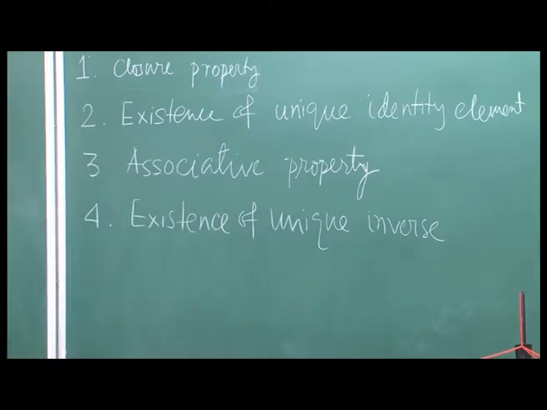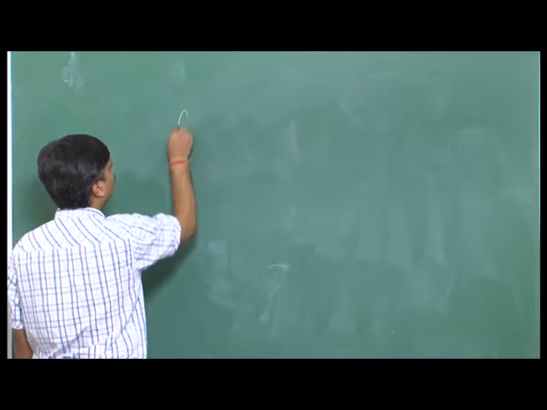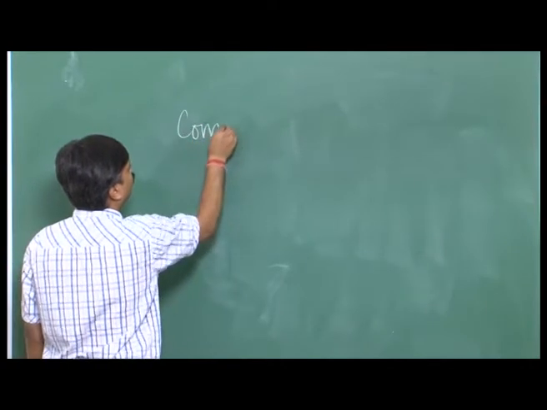A group will definitely follow all these 4 rules. They will obey all these 4 rules. Now if the elements of that set which follows all these rules and they have a well defined binary operation in that, additionally if it follows a rule, as I am going to show you, which is known as commutativity.